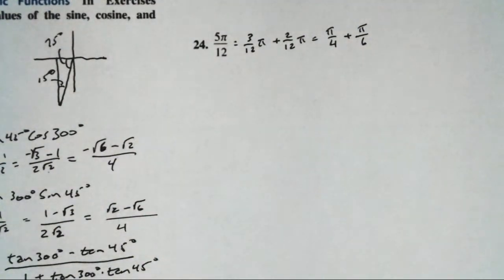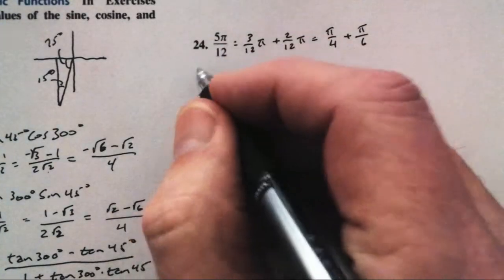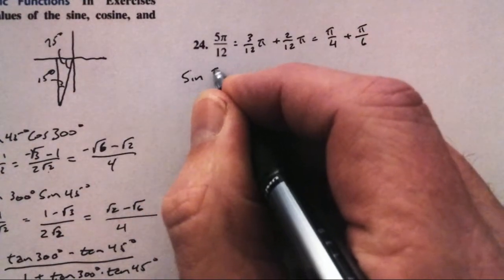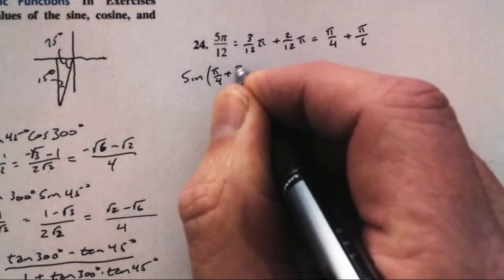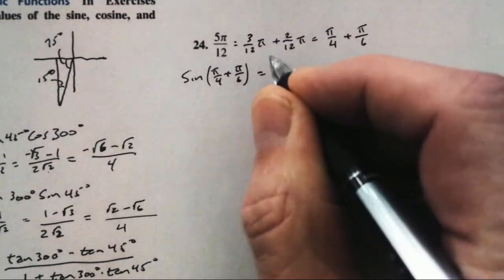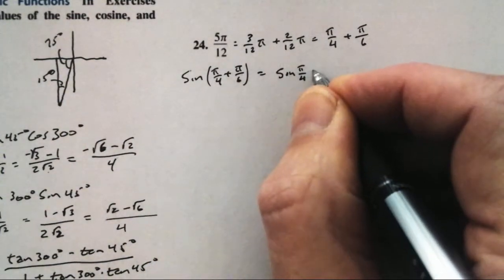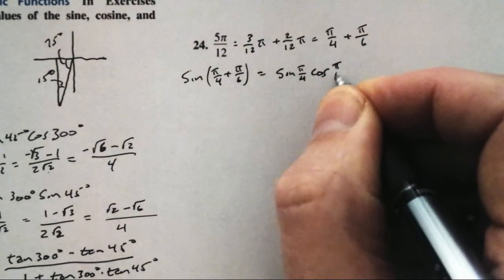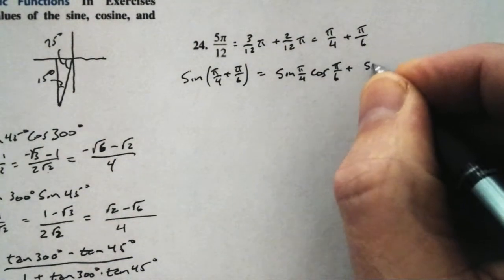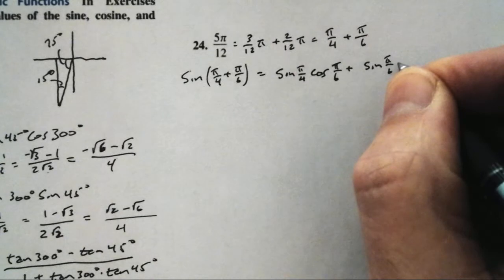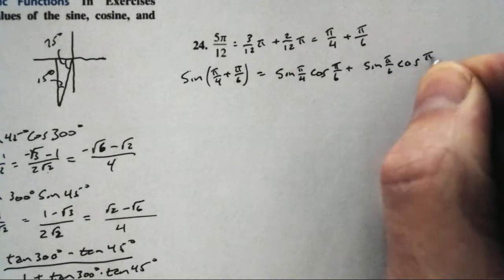We can find our 5/12 pi right there. Pi on 4 plus pi on 6. So sine of pi on 4 plus pi on 6 is sine of a sum is sine cosine plus sine cosine, but switch the angle. Sine pi on 6 now, cosine pi on 4.